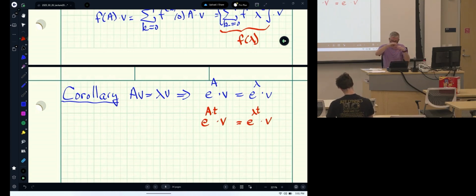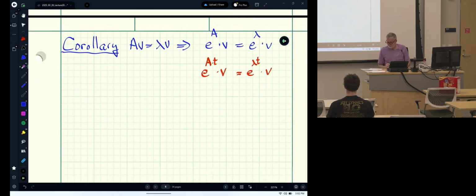So that gnarly matrix exponential, if we hit it on the right-hand side with an eigenvector of A, v is still an eigenvector, and the eigenvalue becomes this. So this is the scalar out front, and this is just moving around.